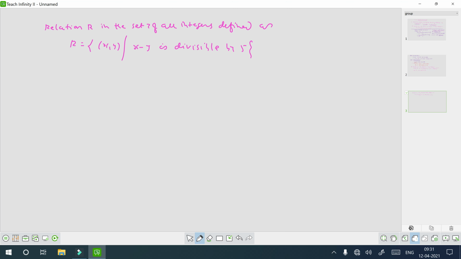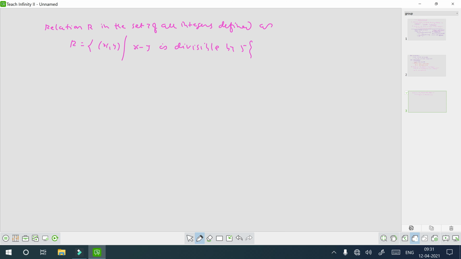This is an extra sum. x minus y is an integer means a multiple of any integer. And if x minus y is divisible by 5, it means x minus y is a multiple of 5. If I take x minus y as an even integer, it means a multiple of 2.